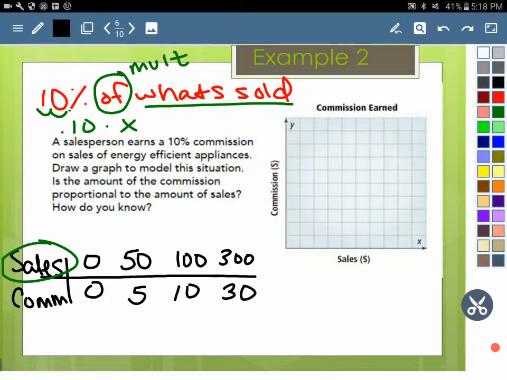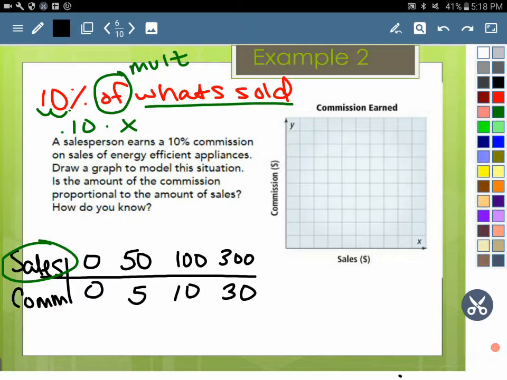So now I can actually graph this situation. And again, I need to scale my graph so that I can fit all of the points that are in my table. Now, there is no question on this one saying how much money do you have to sell in order to get a certain amount of commission? We just have to answer if it's proportional. So I'm not looking for any specific values, but I do want to fit all the values that I have in my table onto the graph.